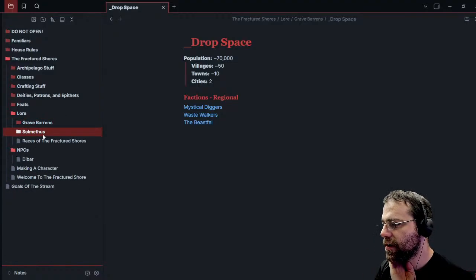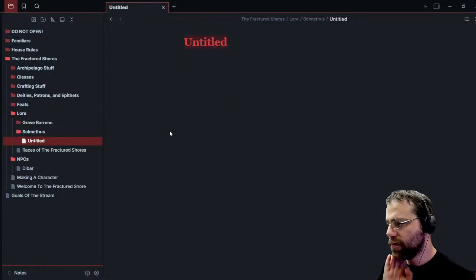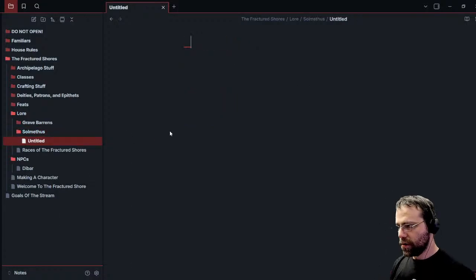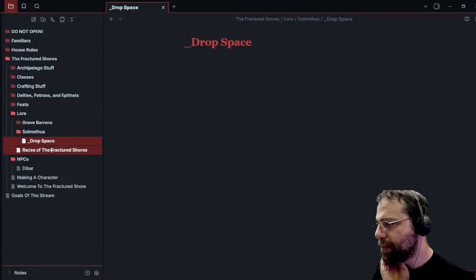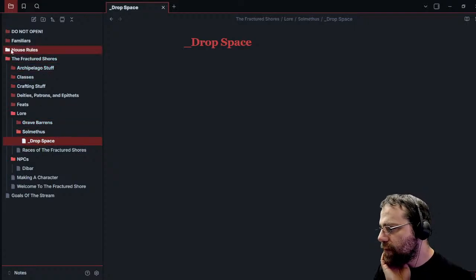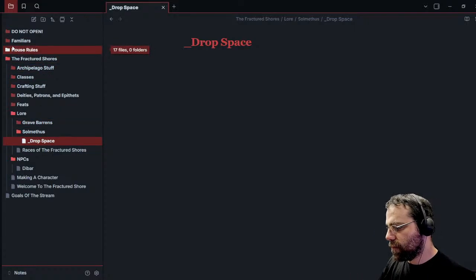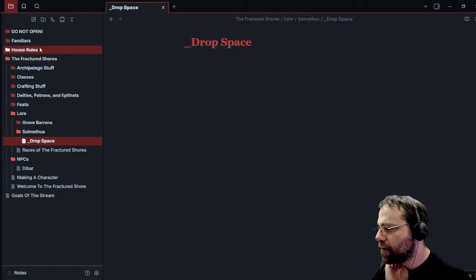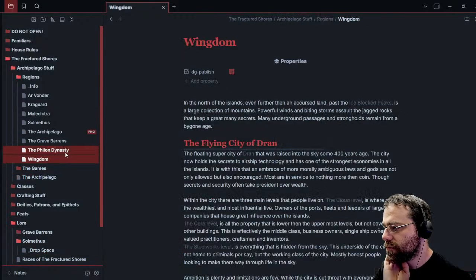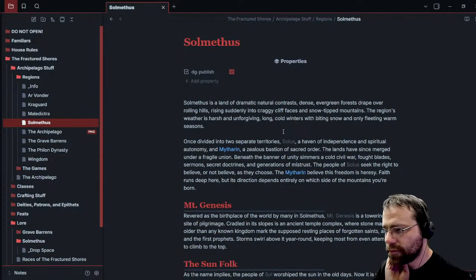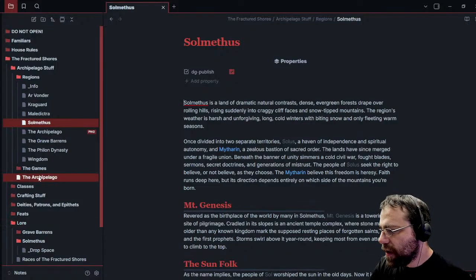All right, and then I need new notes, which will be underscore. I think there's two drop spaces, but they're in different folders. Okay. Bring that down a little bit so I can see better. So, in the archipelago, we need the following.